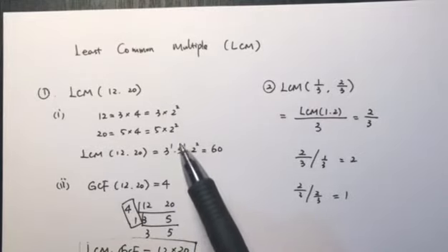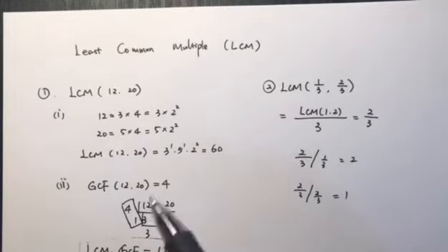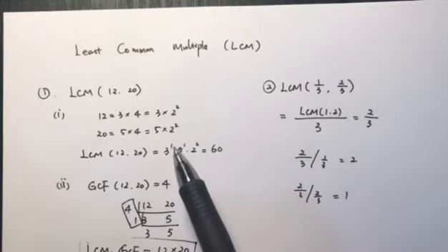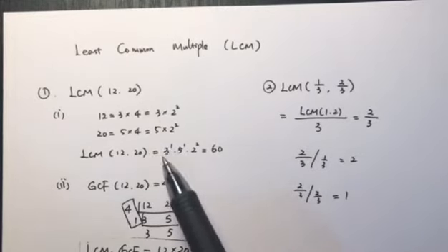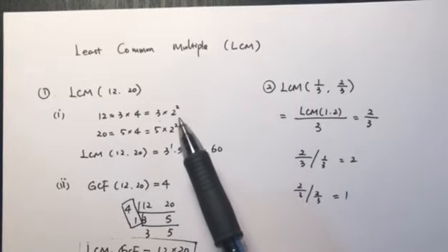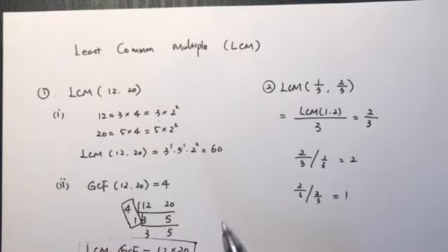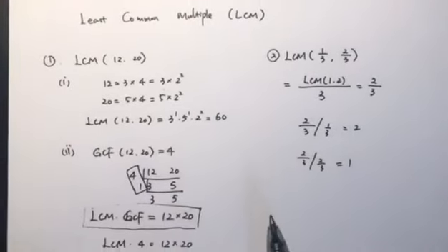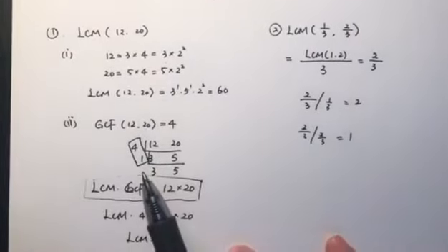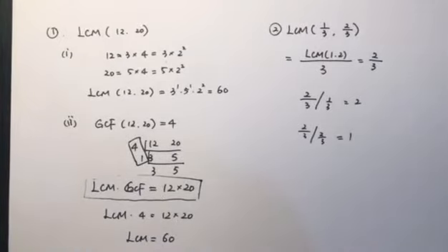And for each one, you pull the highest power of that. So 3 only shows up once, that's 3 power 1. 5 shows up once, it's 5 power 1. 2 actually has power 2, which is 2 power 2. That'll give you 60.